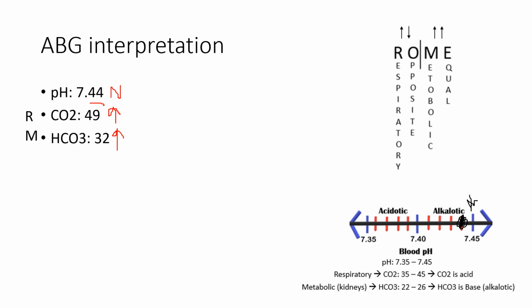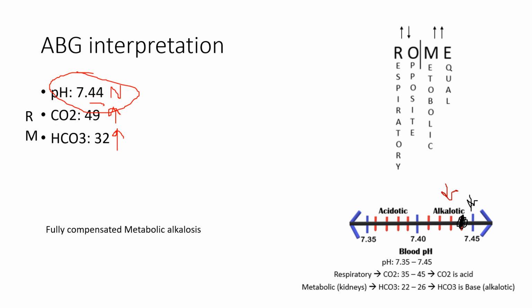So looking at that, if I have 7.44, I am alkalotic, right? So I am going to be metabolic alkalosis. However, I am fully compensated because my pH is in that normal range. So fully compensated metabolic alkalosis.